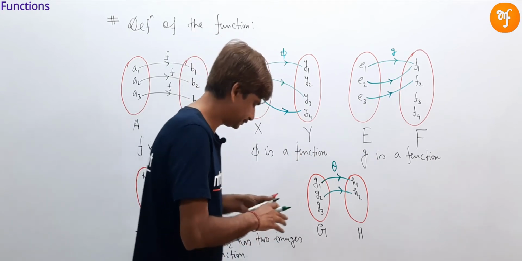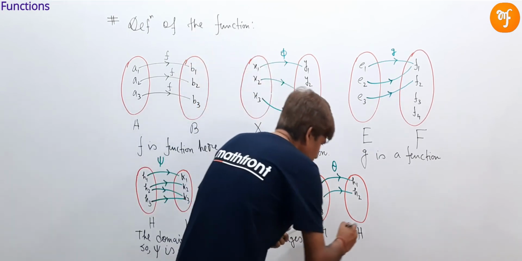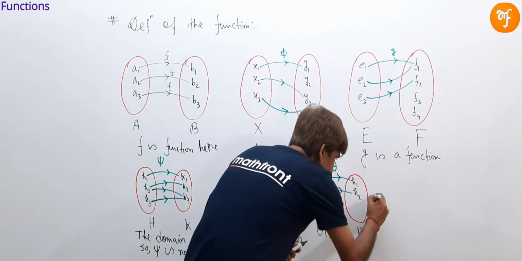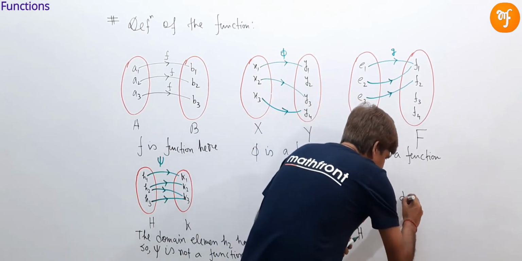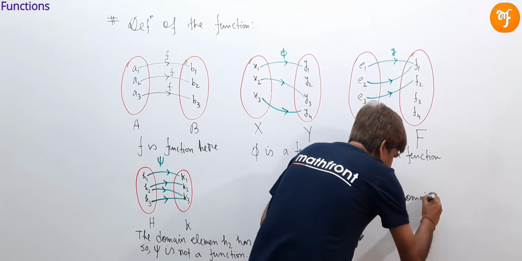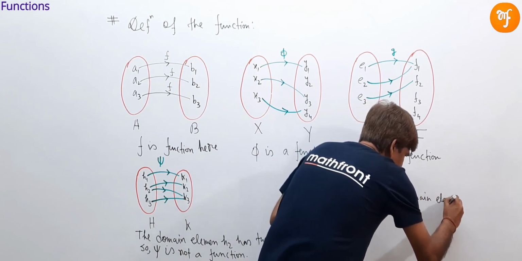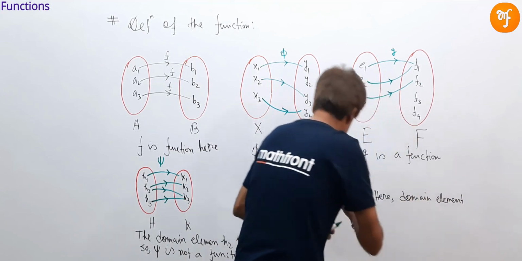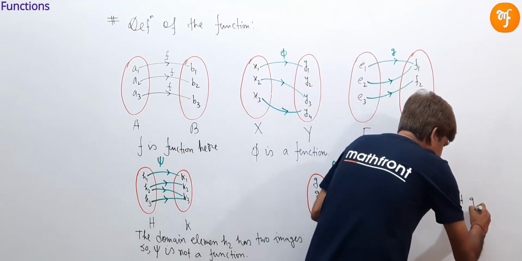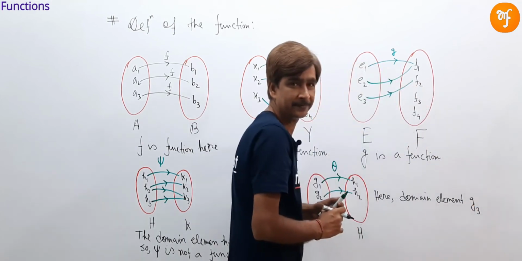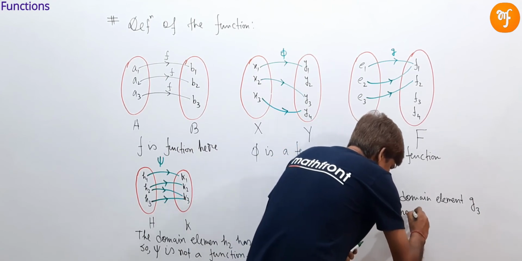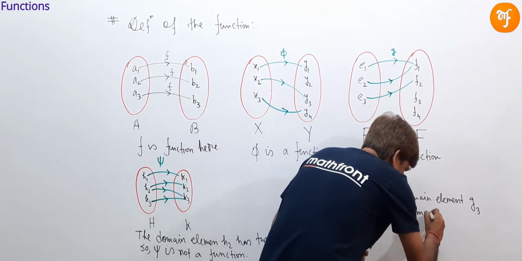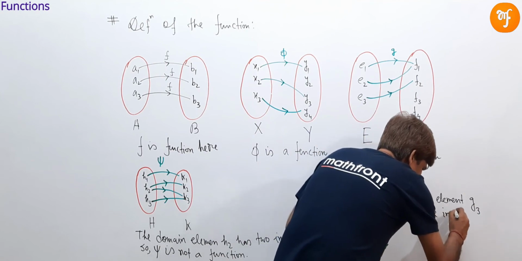So, please write down, here domain element G3 has no image in the codomain.